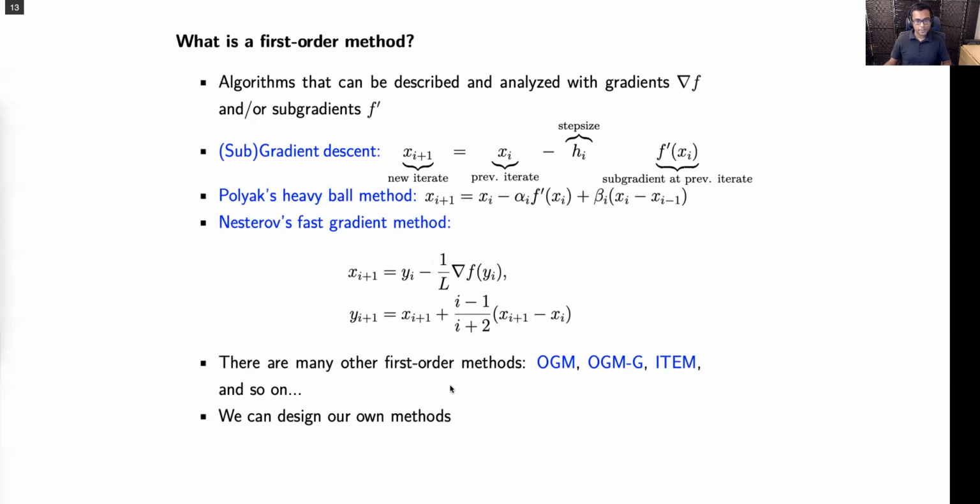And there are many other first-order methods, such as the optimized gradient method, OGM, the optimized gradient method for minimizing the gradient of a smooth function, OGM-G, and ITEM, which is the optimal method in the strongly convex and smooth setup with respect to the performance measure of distance from the optimal solution. And we can design our own methods too.